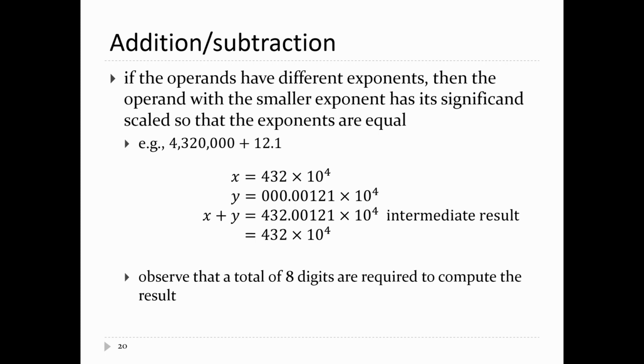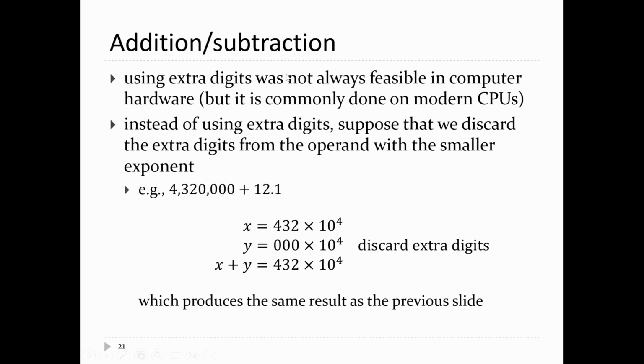But if you had extra digits, maybe you could get more accurate results, which kind of makes sense. And so you might ask, well, why don't we just put extra digits into our CPU? The answer today is we just stick in extra digits on the CPU. On an Intel CPU, I believe it uses 80 bits to compute arithmetic with double.